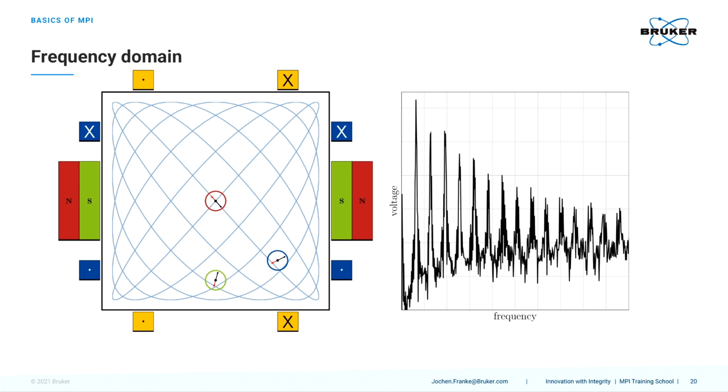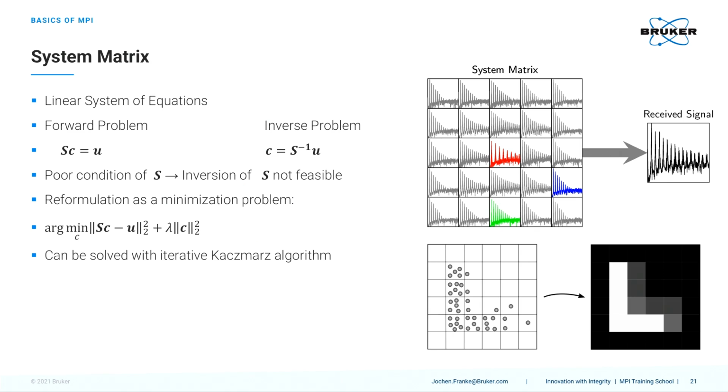Now having a spectra does not help either. So what we do, we make a reconstruction based on a system matrix. A system matrix consists of a series of data points acquired for each point in space which we want to reconstruct. We put a point source at this given point and record the response of the particles.